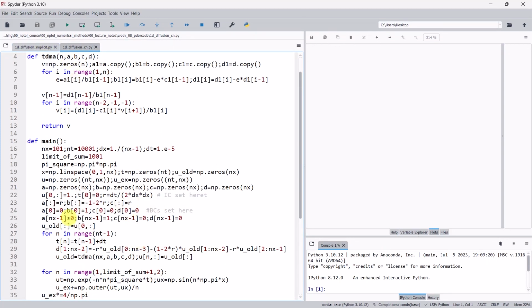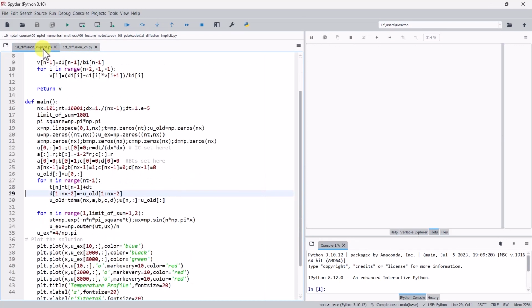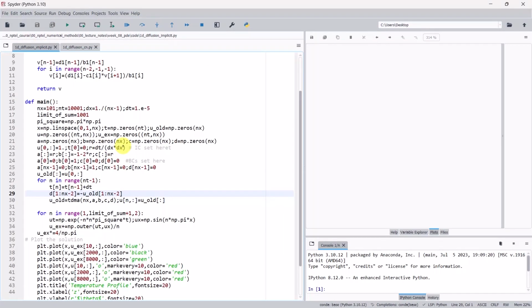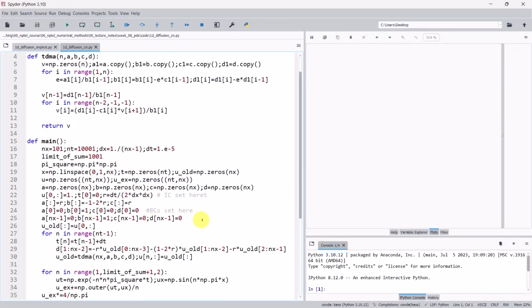And also this ABC will change because R will now go to R by 2. So what I did here is that I have simply kept this ABC same, but I have changed this R as dt by twice dx dx. In implicit it was dt by dx dx. So I kept this same.